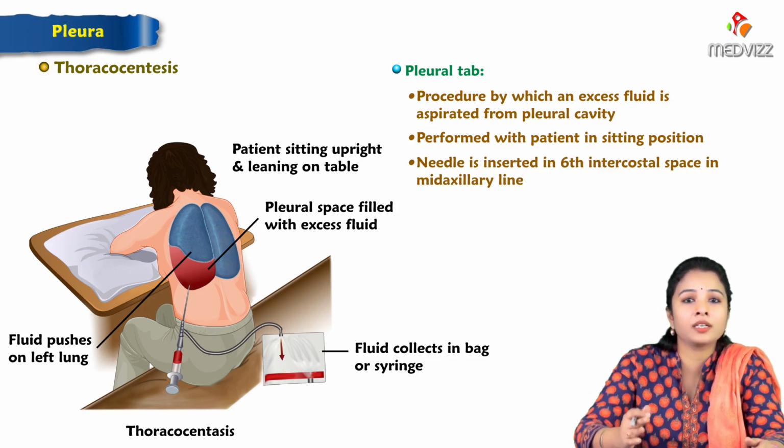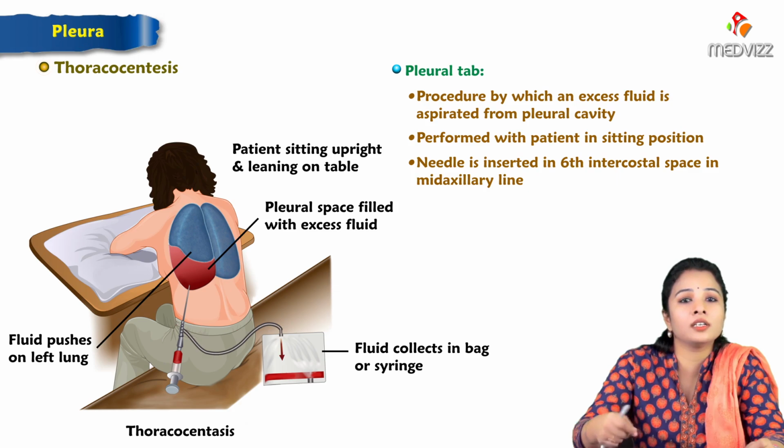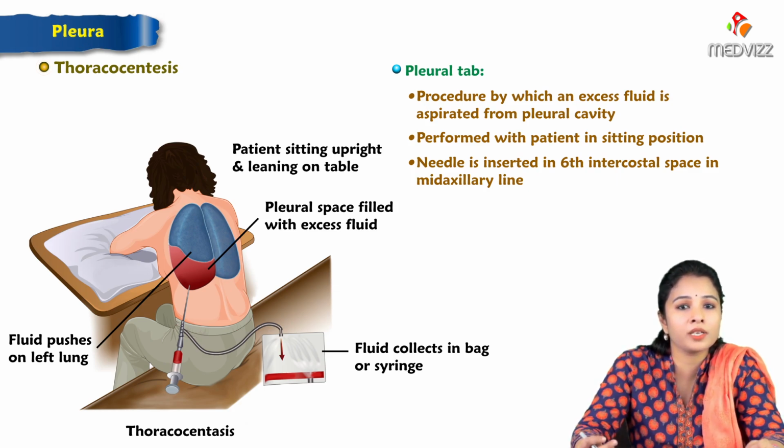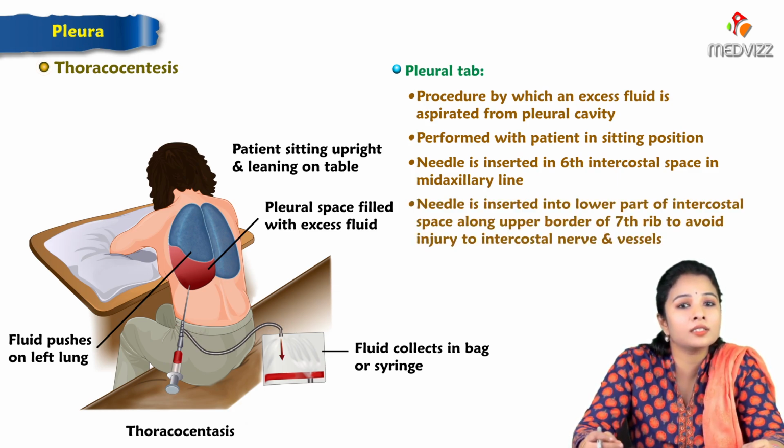The needle is inserted in the lower part of the 6th intercostal space, along the upper border of the 7th rib, to avoid injury to the intercostal nerve, artery and vein.